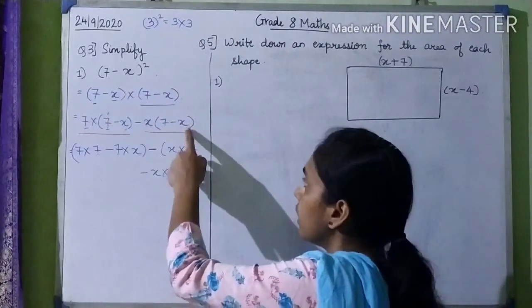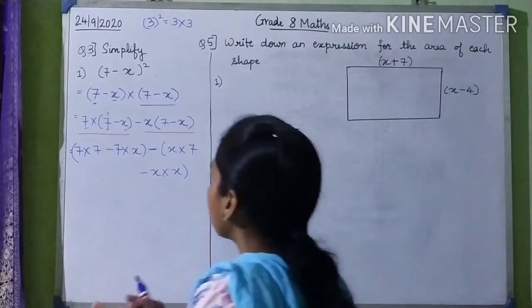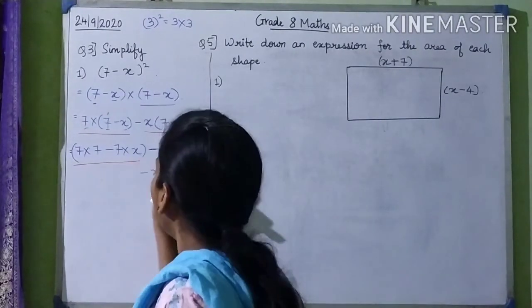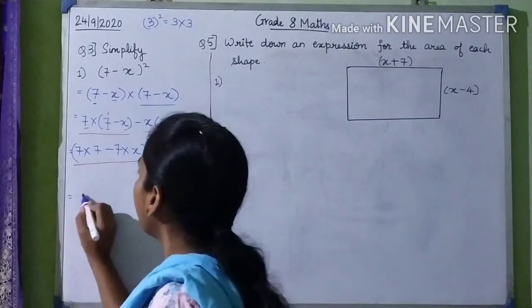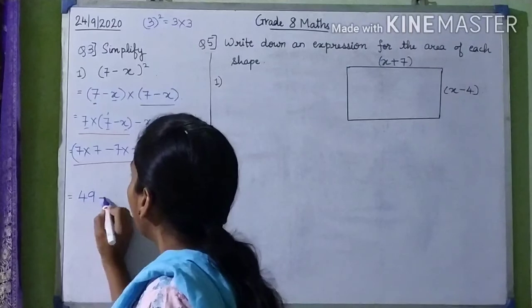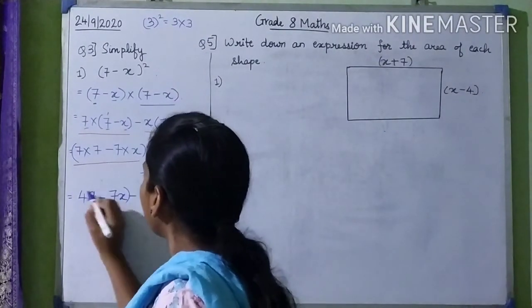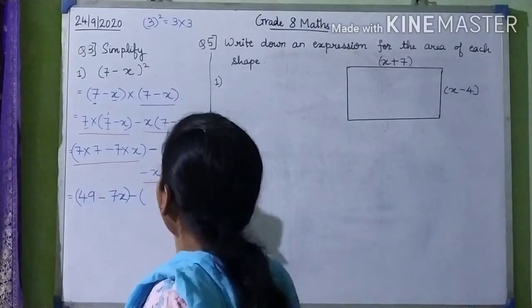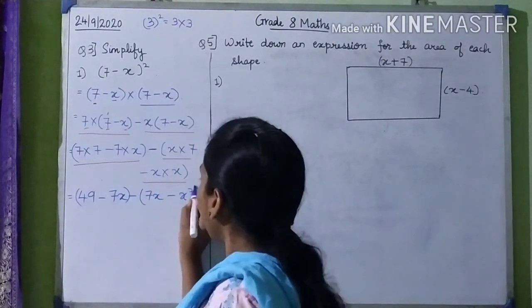So x into minus x is minus x into x. Okay. So this is our first part and this is our second part. Now 7 into 7 is 49 minus 7 into x is 7x minus x into 7 is 7x minus x into x is x square.